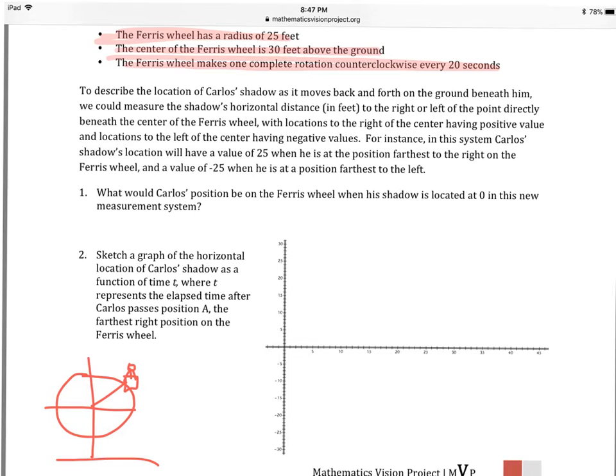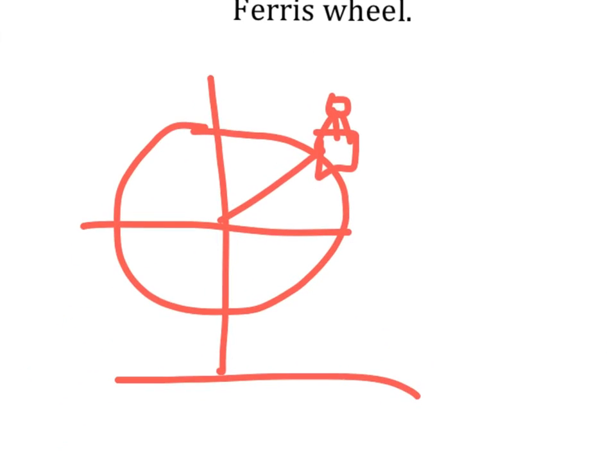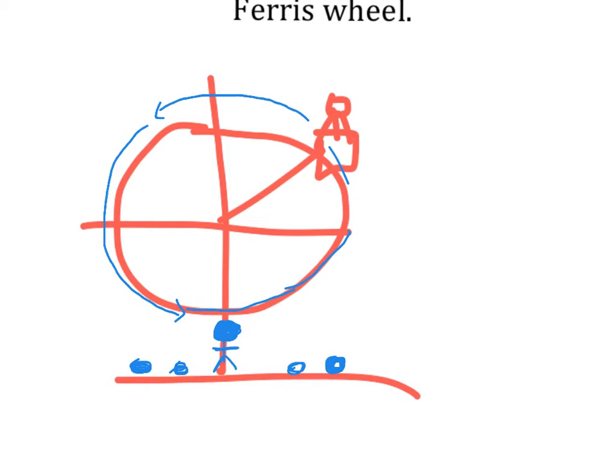So let's zoom in on this part right here. If you are standing right here, that's you, and you're like, hey Carlos, you're my buddy, I'm watching your shadow. So right now, Carlos' shadow is going to be way over here, and then as he continues around the Ferris wheel, his shadow is going to be over here, and then right here, and then right there, et cetera, all the way around.